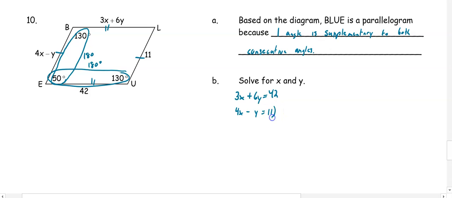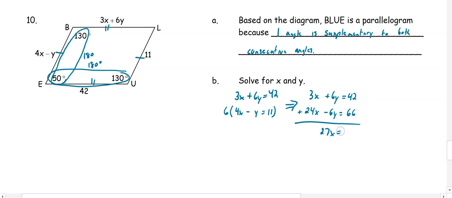So in the second equation, I'm going to multiply by 6. 3x plus 6y is equal to 42. 24x minus 6y is equal to 66. So we add straight down, we get 27x is equal to 108. And when we divide, we get x is 4.